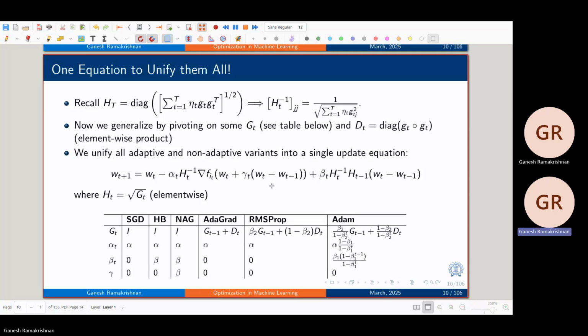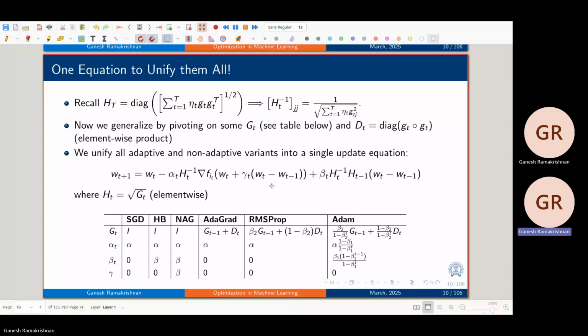RMSProp has a spirit of momentum in its accumulated gradient update. But as far as these fields are concerned, we have no momentum.